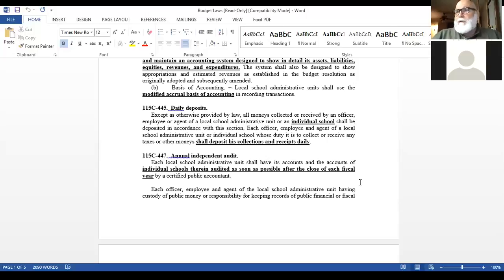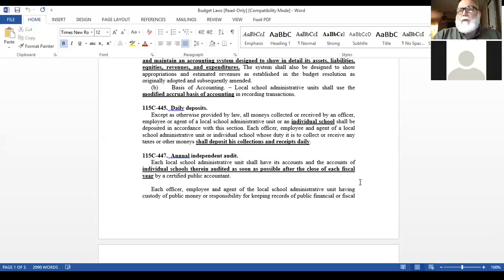One of the things I heard of recently: a principal in a district not far from here got in trouble over trying to basically circumvent the purchase order system, where you would have to submit purchase orders and use the state contract system and buy off state contract.